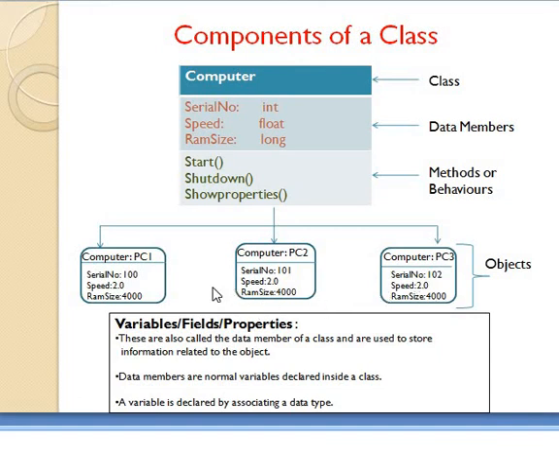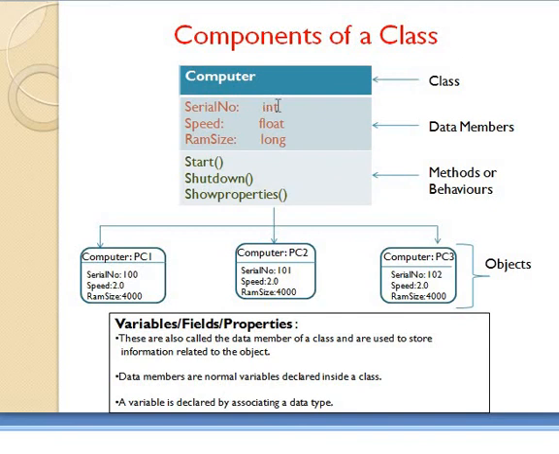Now from here, just go above the hierarchy and see the class, the class called computer. The data members serial number, speed, and RAM size were first declared inside the class called computer, along with their data types.